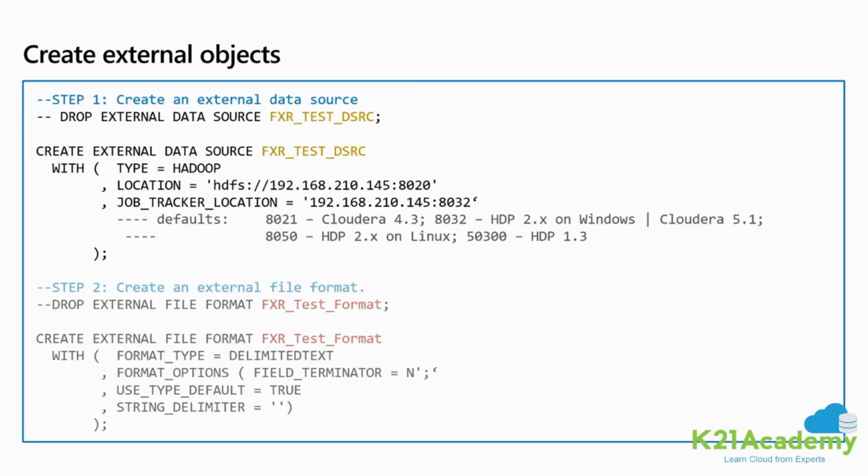These data objects are like variables, and in them we have to specify the location from where we'll be reading the data. In the lab, we'll read it from the data lake. We can also read it from an HDFS location, which might be running on some particular IP address. We also have to specify which type of file we are reading: is it a comma separated file, a CSV file, a TSV file, and so on. So those details have to be provided as part of the external objects.